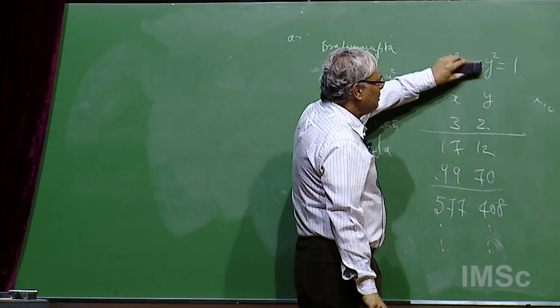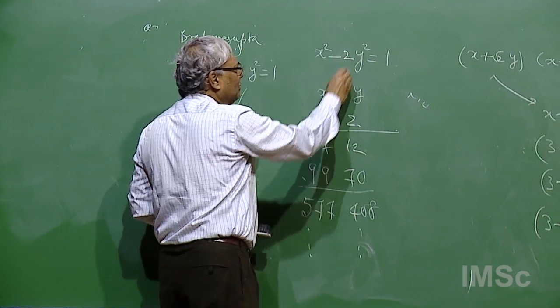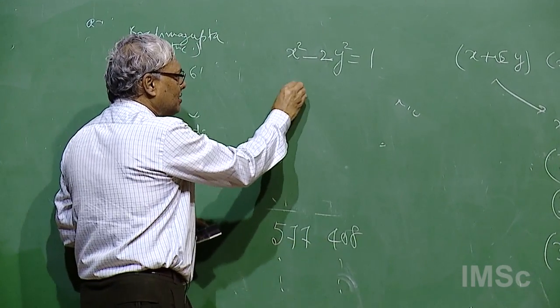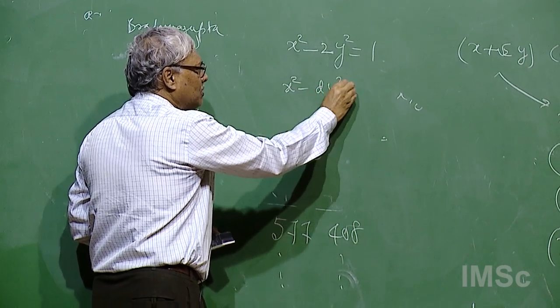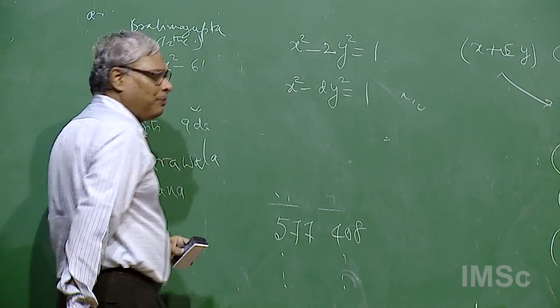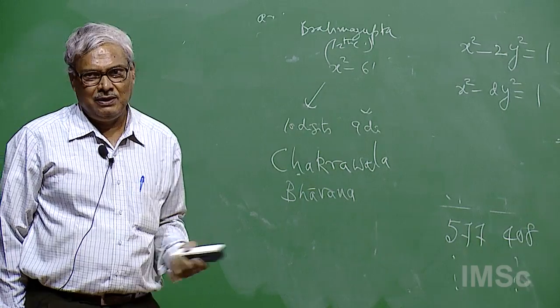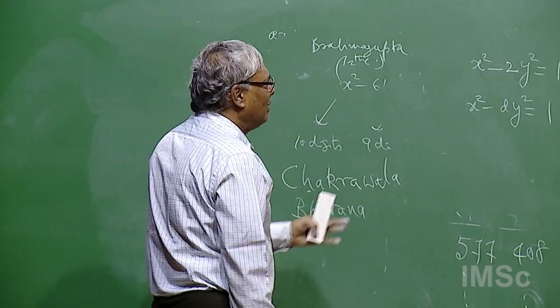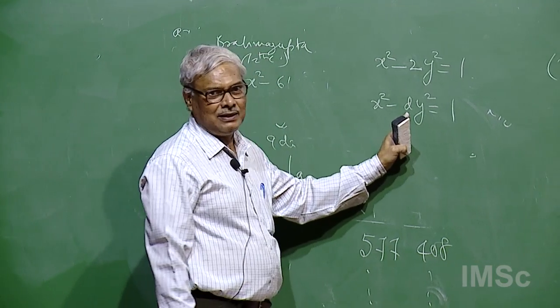So, not only x squared minus 2y squared equal to 1, several such similar equations can be solved. For example, if d is a positive integer, x squared minus dy squared equal to 1 can be solved similarly, provided d satisfies a certain condition.